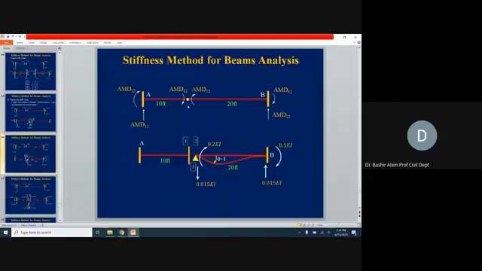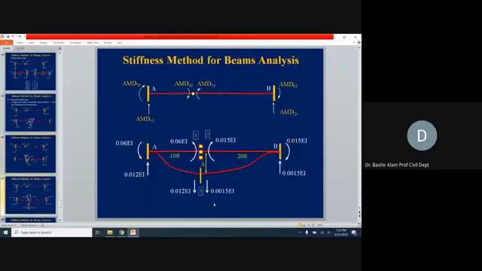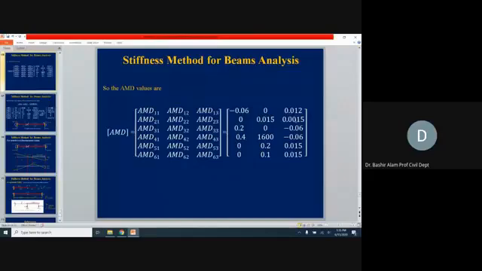Similarly for the second column, where we applied D2 equal to 1 theta, all these corresponding values you can pick for the AMD matrix. This will complete the second column of the AMD matrix. For the third, where we give the vertical unit settlement, from here you will pick the corresponding values and complete the third column of this AMD matrix, and here you can see all these numbers now.